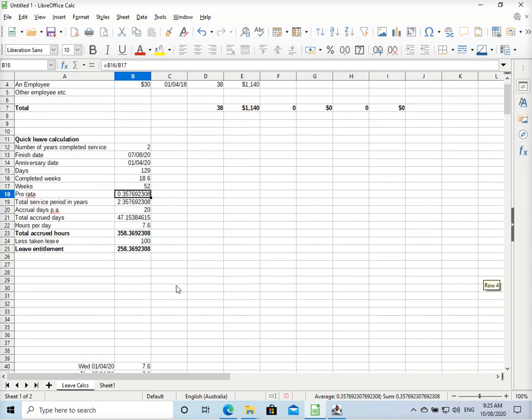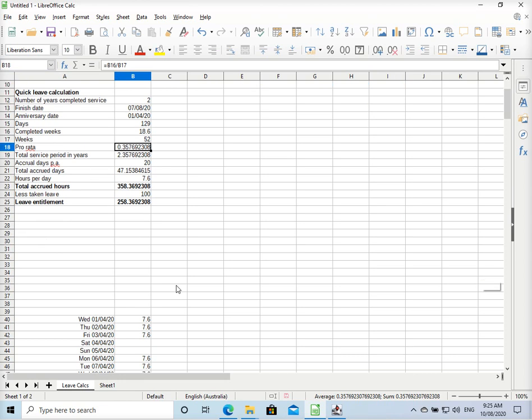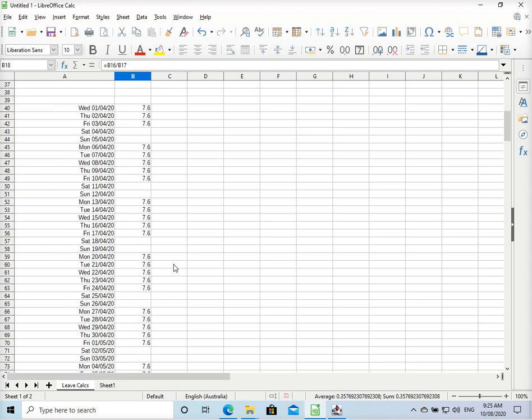However, it's actually quite realistic to do the calculation in this way, which is simply to set out the number of days, or each day, and what hours they've worked per day, and then you can just do the sum of those numbers to work out the total hours that they've worked over that period.